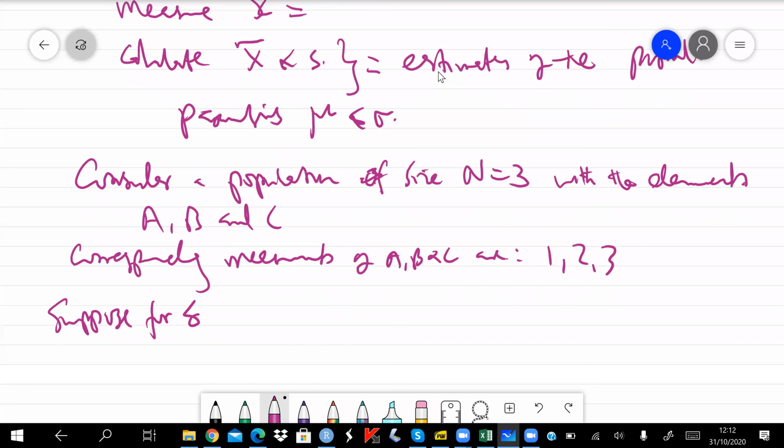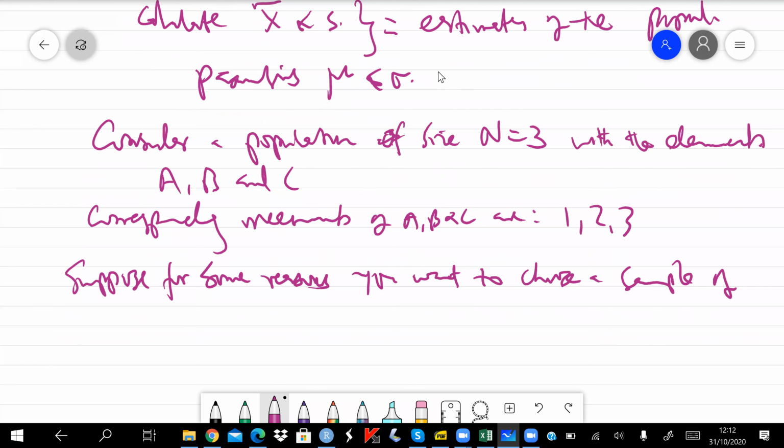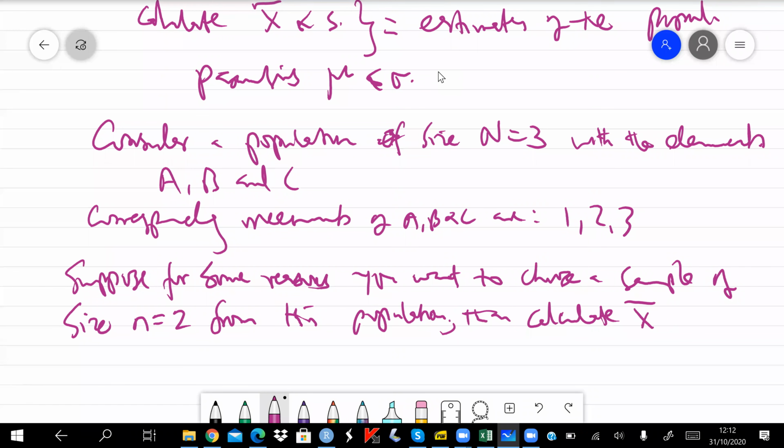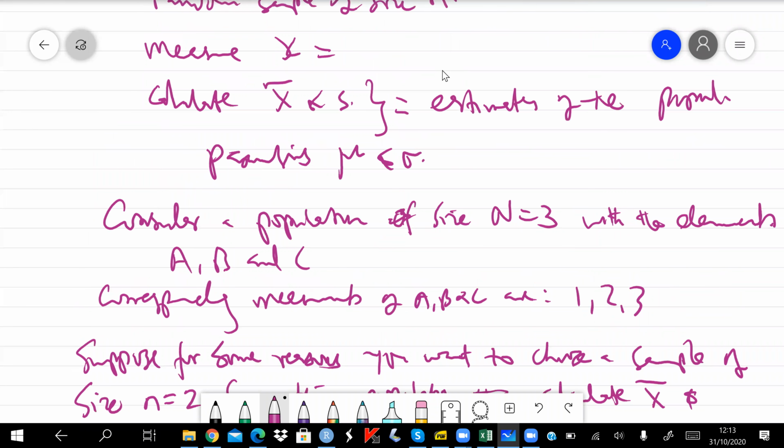Then suppose for some reason you want to choose a sample of size n equal to 2 from this population. Then calculate X bar and S from that sample. Of course, if you deal with only one sample, you'll end up with a single value for each one of them.